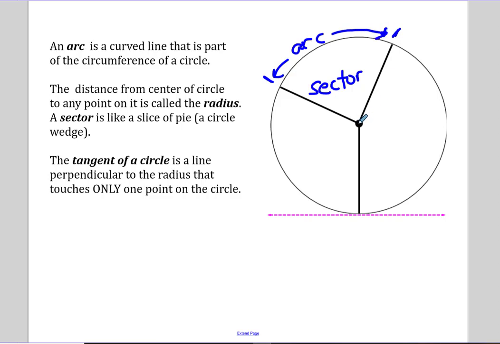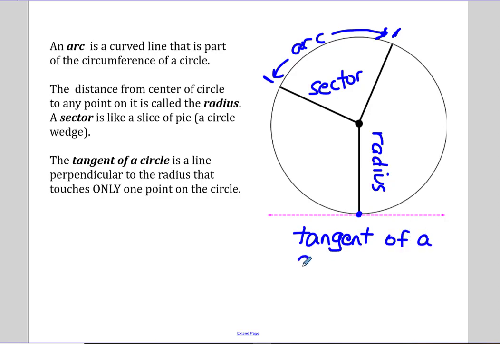When we go from the center to the outer edge, that's called a radius. And then the pink line down at the bottom is going to be our tangent to the circle. When it comes to circles, you can only be tangent to one point on the circle.